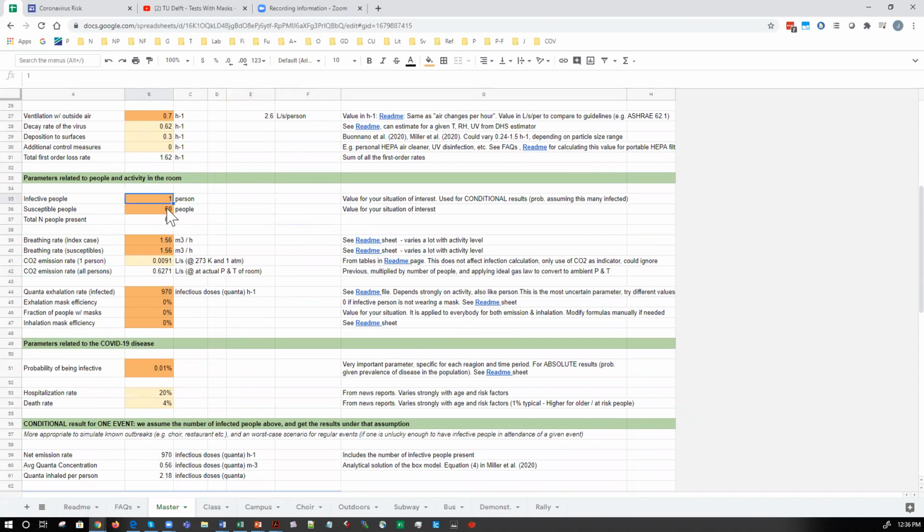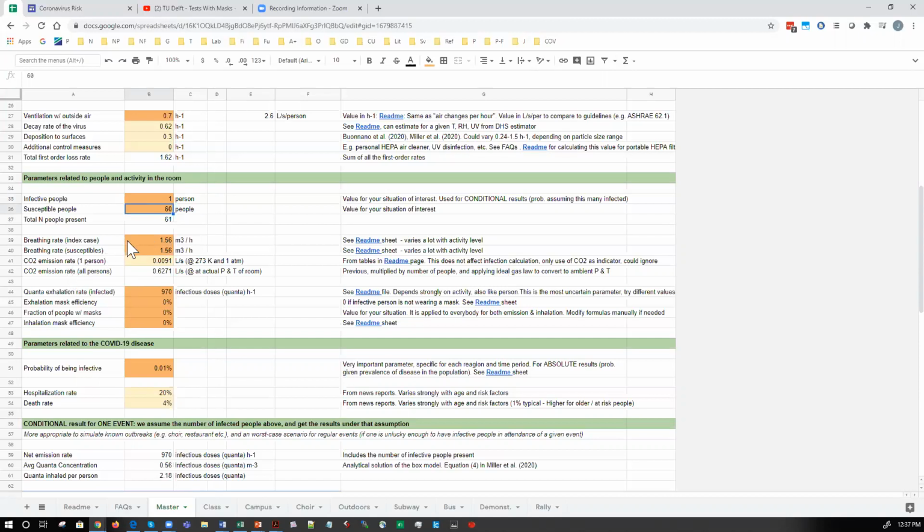And how many susceptible people there are, which for the choir I'm assuming was 60. If you are now in New York, where maybe 20% of the population has had the infection and may be immune, and there are 60 people, you would enter 48 here, because only 48 people are susceptible. The other 12 are immune. And maybe I'll add that to the spreadsheet as well.